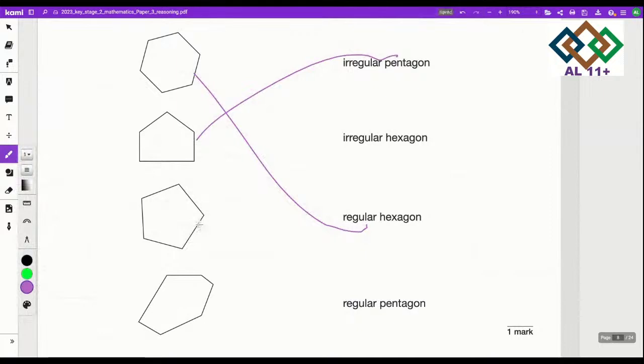And the third one is a regular pentagon. And this one, because it looks irregular, that's an irregular hexagon. I think so. Now I've done them right. Before I had done them wrong. So if you look at this one, it's like this. You have to do it. So let's move on to the next one.